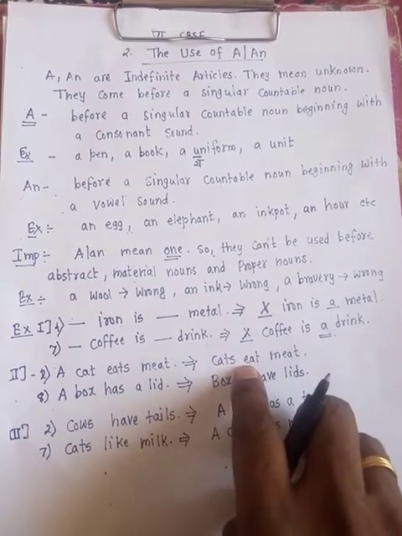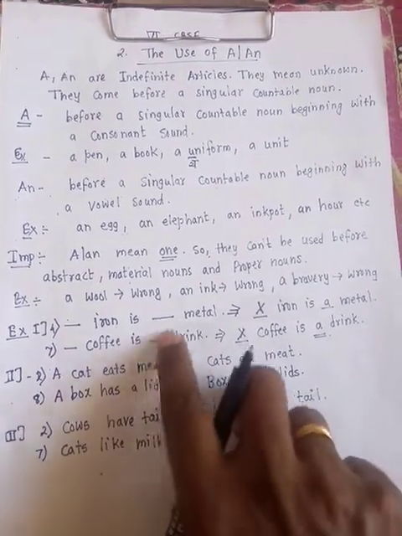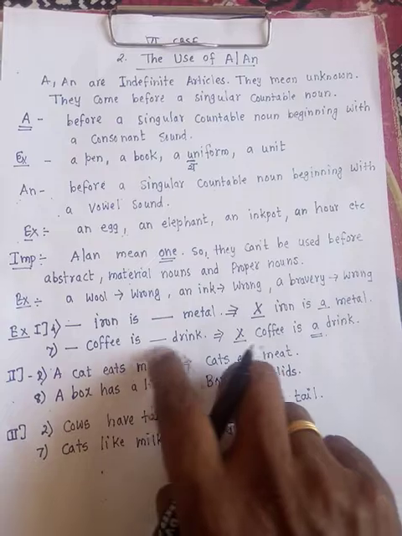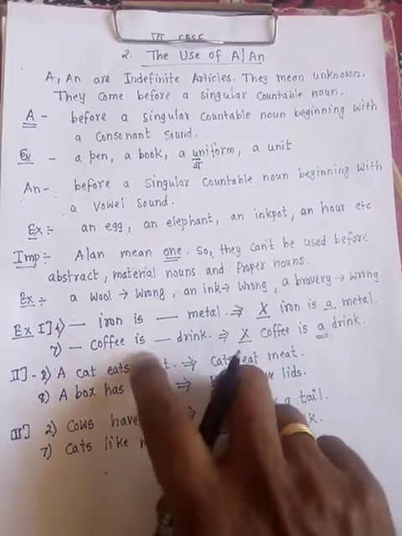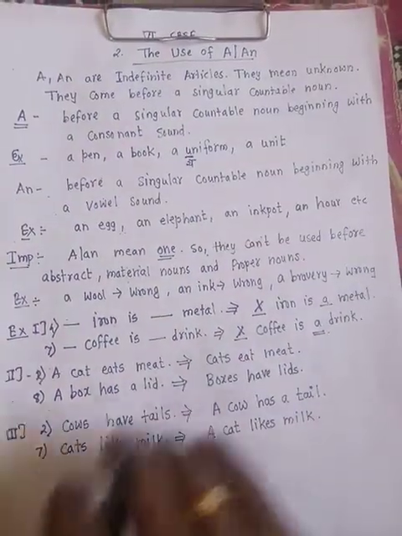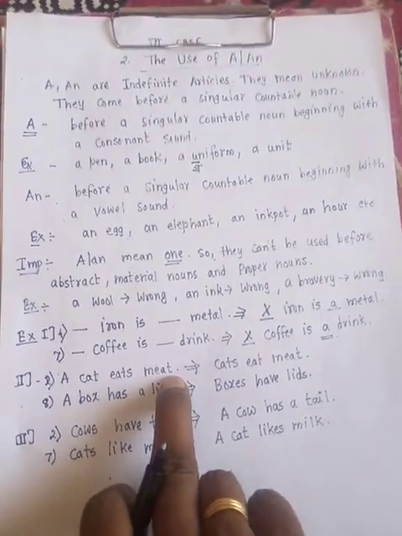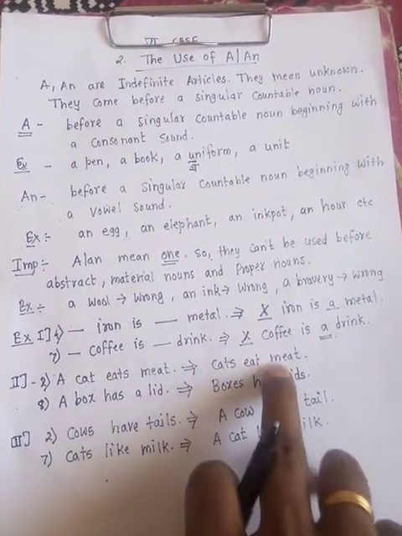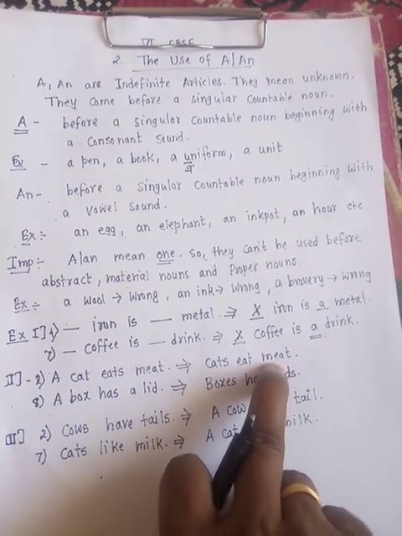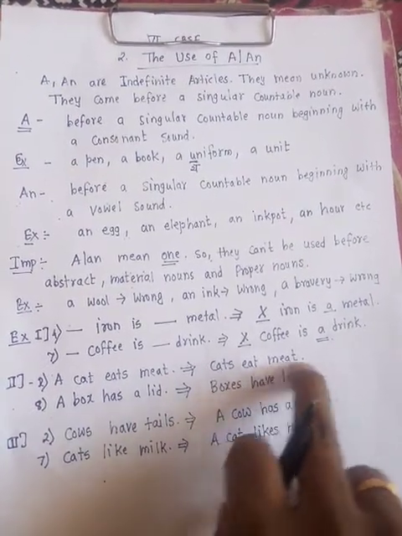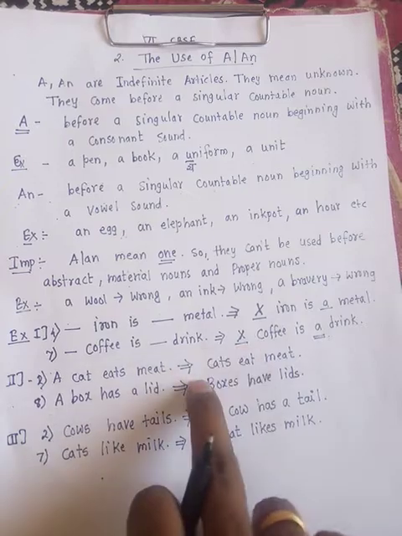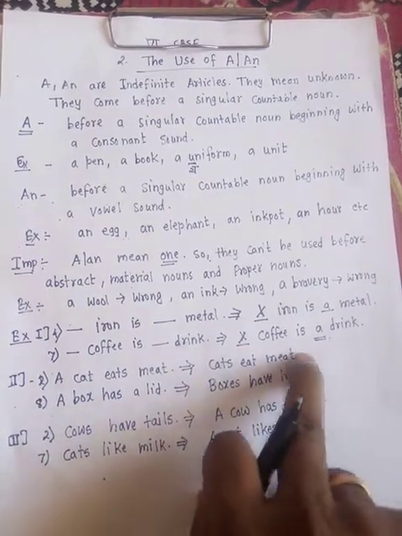Here a will be removed. Cats eat. Now meat. You know the meaning of meat means flesh. But we cannot count it in numbers. We can count it in kilograms. Suppose 1 kilogram, 2 kilograms, but not in number. We can't say one meat, two meat. So we cannot add s here. So only cats eat meat.